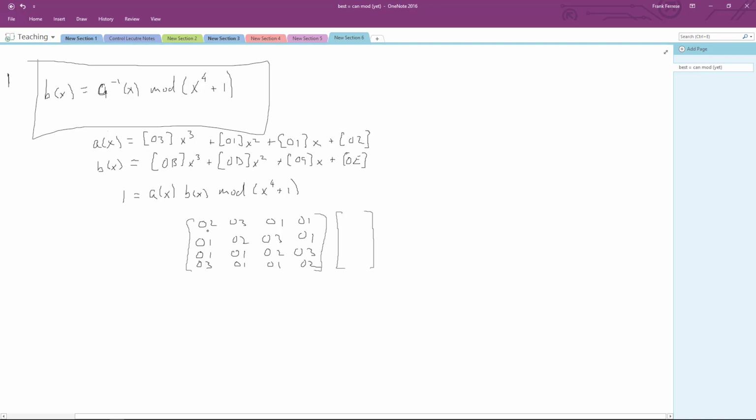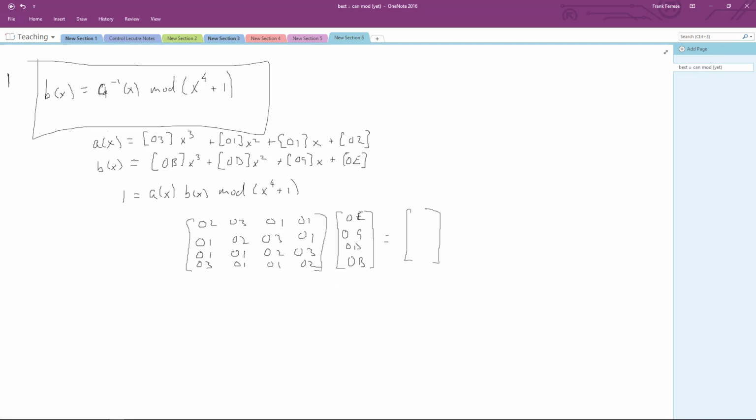And that's here. I want this to happen in the first row, first column. So 0E, and then I work my way back: 09, 0D, and 0B. And now I can work out what this equals. And this should be row times column, row times column, row times column, row times column.